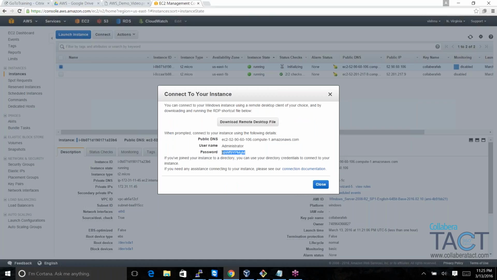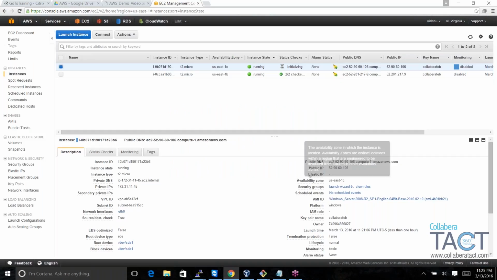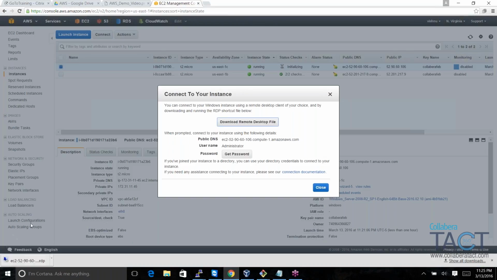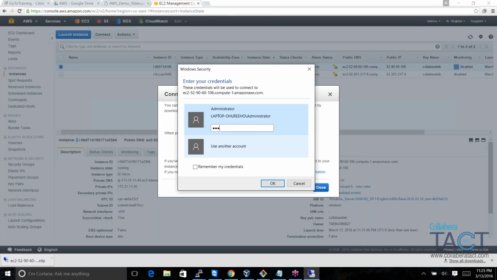Right? Let's see if our machine is ready to log in. Hope it's 4 minutes done. Let's try to connect to it. It's 4 minutes done, so it's asking for a file, and we'll see how to generate the file during the class.